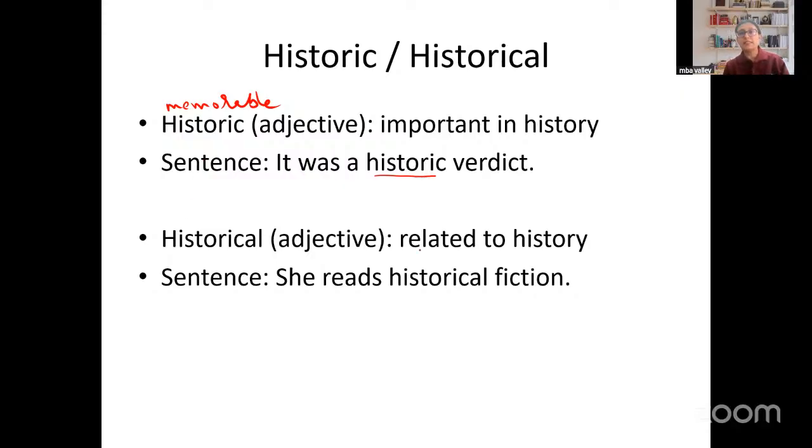Historical means related to history. So she reads historical fiction. Anything which is related to history would be historical. But anything which is memorable, जो आप कभी नहीं भूलेंगे, that would be historic. Imagine you witness India winning the World Cup.